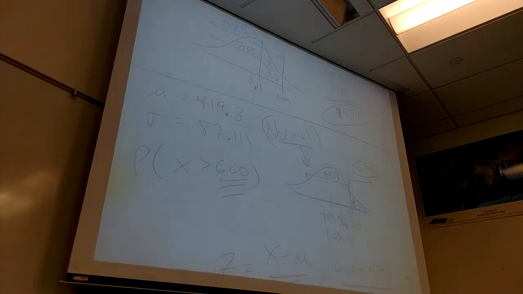A slightly better way to say it is 1.92% of all test scores are above 600. That's a more real-life interpretation, right? So if I found the probability that somebody was taller than 70 inches, well, that is the percentage of all people that are taller than 70 inches. That's a more useful way to look at it.